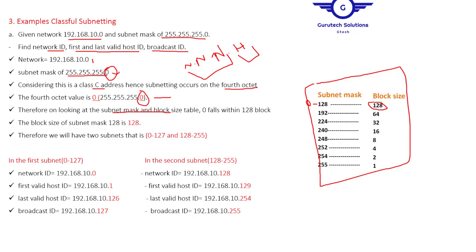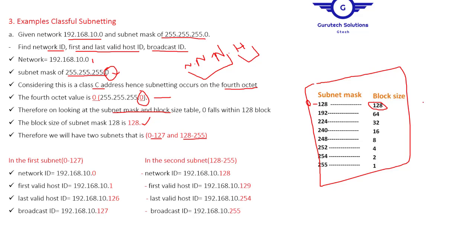The block size is the step that tells us how to move from one subnet to another. Therefore, we will have two subnets, from 0 to 127, then from 128 to 255.